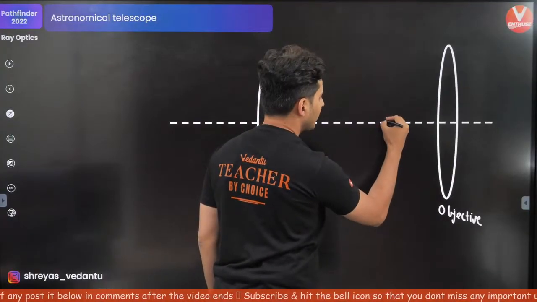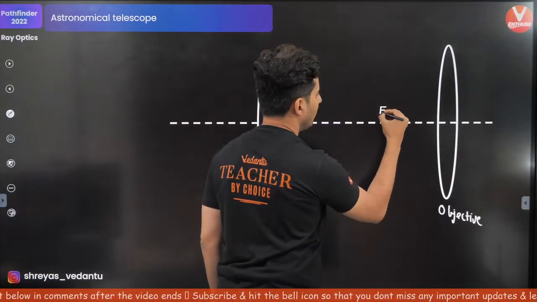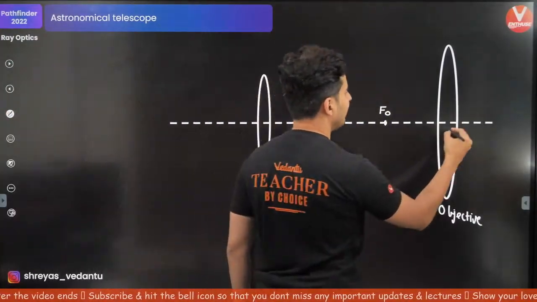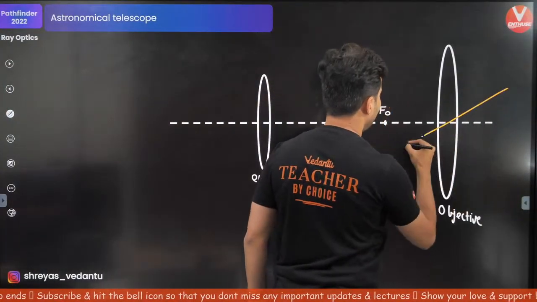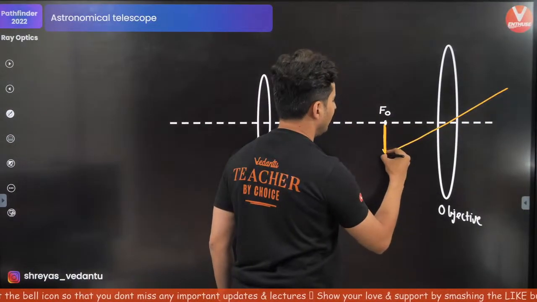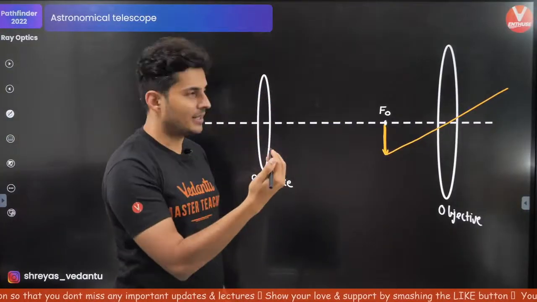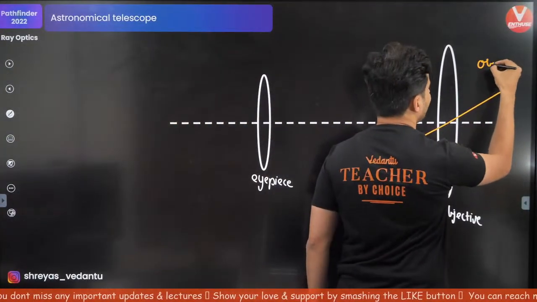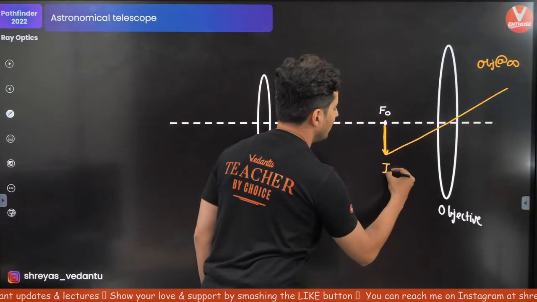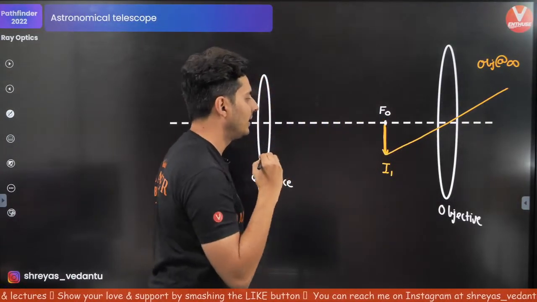So probably this is the focal point of the objective. So the rays which come from infinity will roughly make an image at the focal length. That's obvious, right? If the object is at infinity, the intermediate image is formed at the focal length.